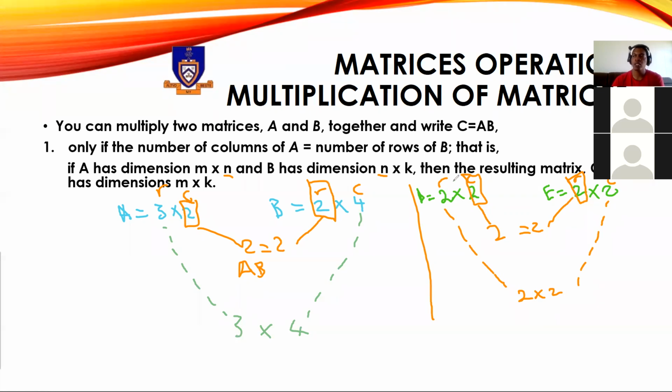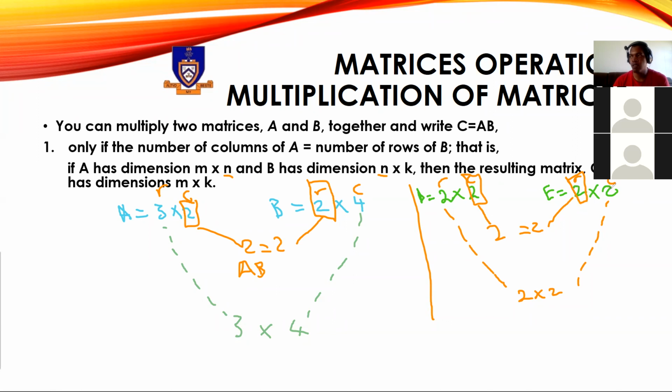So if your matrices are equal in terms of the dimension, equal matrices means square matrices. D is equal to E in terms of the dimension, but we don't know the elements. They are both square matrices, with an equal number of rows and columns.